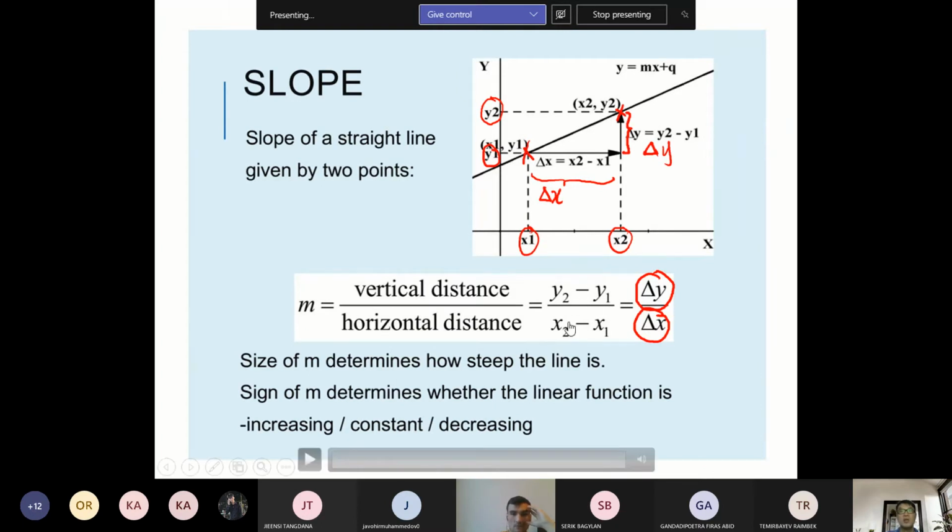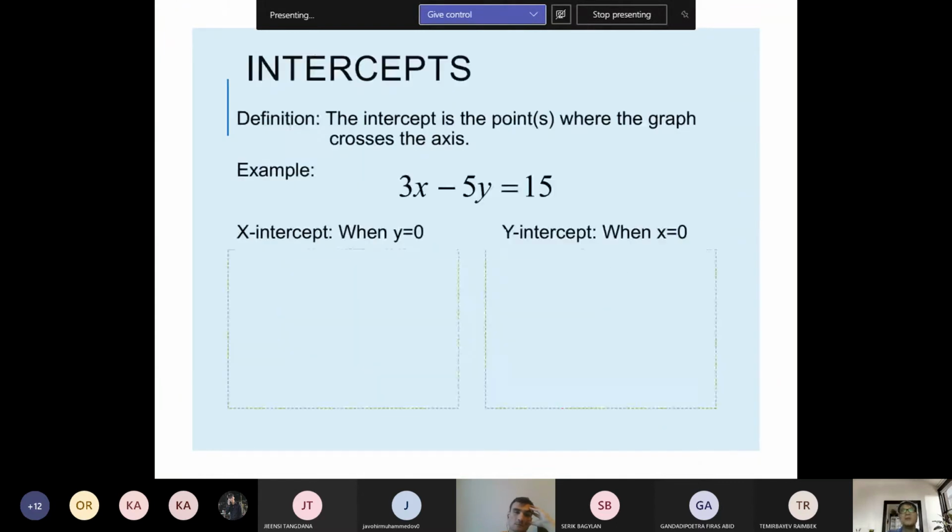I just want to highlight that x2, y2 is one point and x1, y1 is another point. So we always write the point in this way. When we have 2 points and want to find the slope, we write the 2 points in this way.